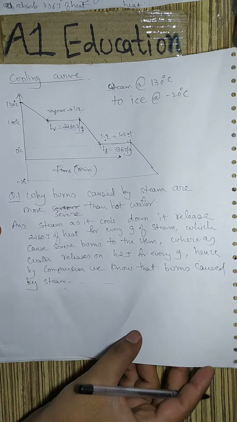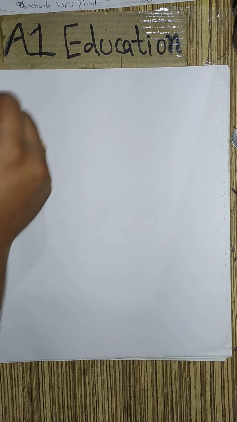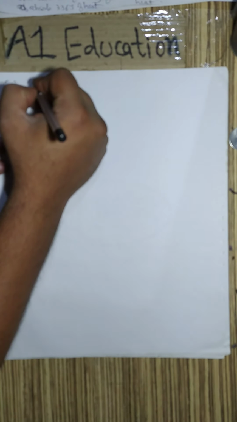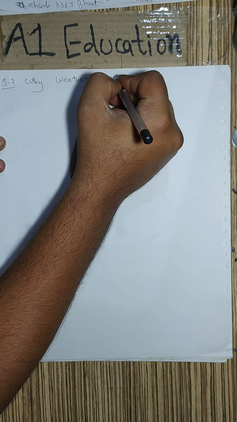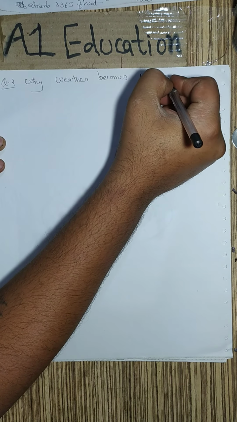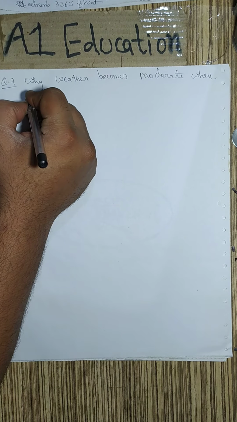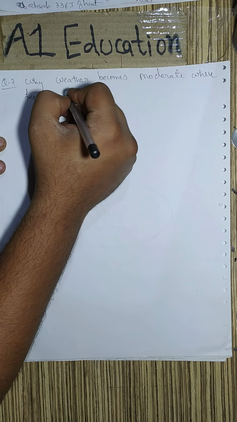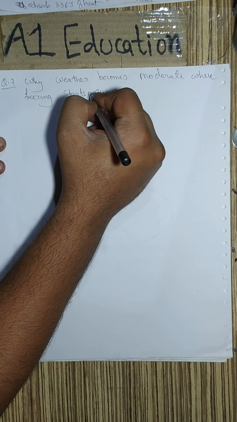Let us look at one more question. Next question we have is, why weather becomes moderate when freezing starts or during a snow storm.